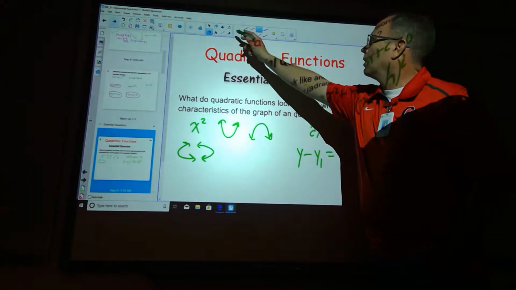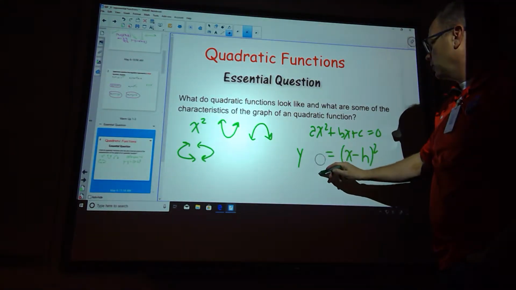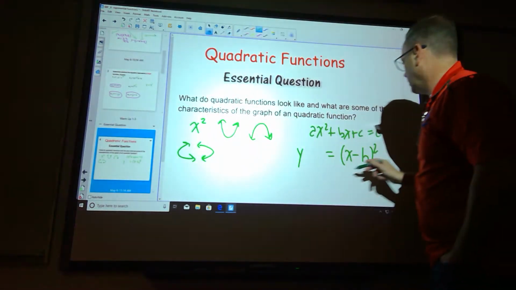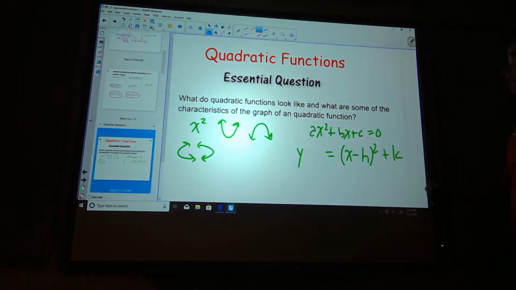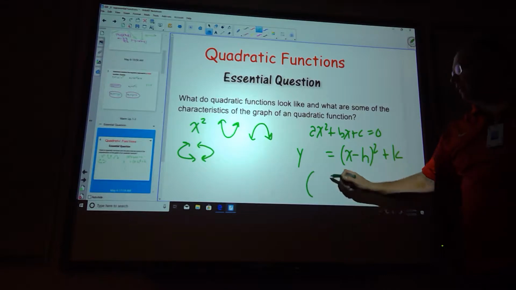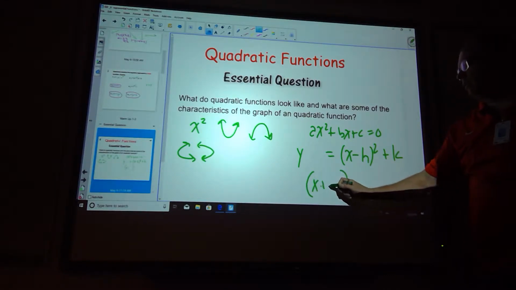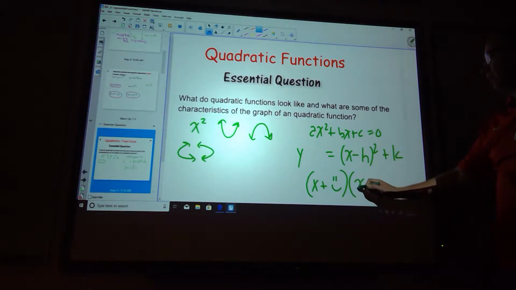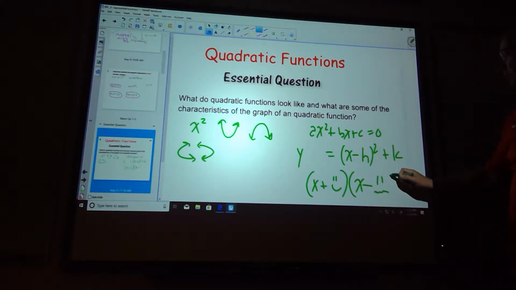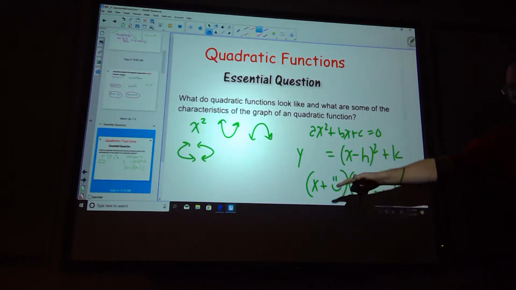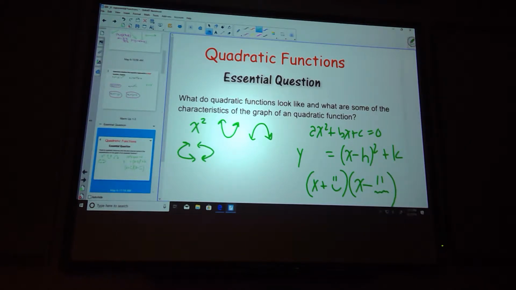Actually, I want to erase something here. Plus k, so that's vertex form. Also, things that happen in vertex form is you have x plus some number. And you could have x minus something else. Okay? So because you have that, if you were to FOIL together, multiply together, you get x squared. So quadratic functions are parabolas.